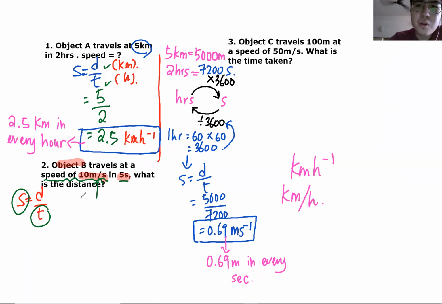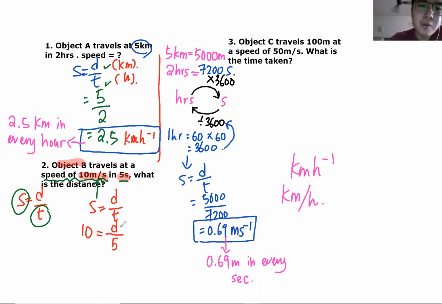Then you want to move the formula. Let's say S equals D over T. So I put in the value first, just not to confuse anything. Speed is equal to 10, so I change this S to 10 equal to distance divided by time, 5 seconds, so 5 here.